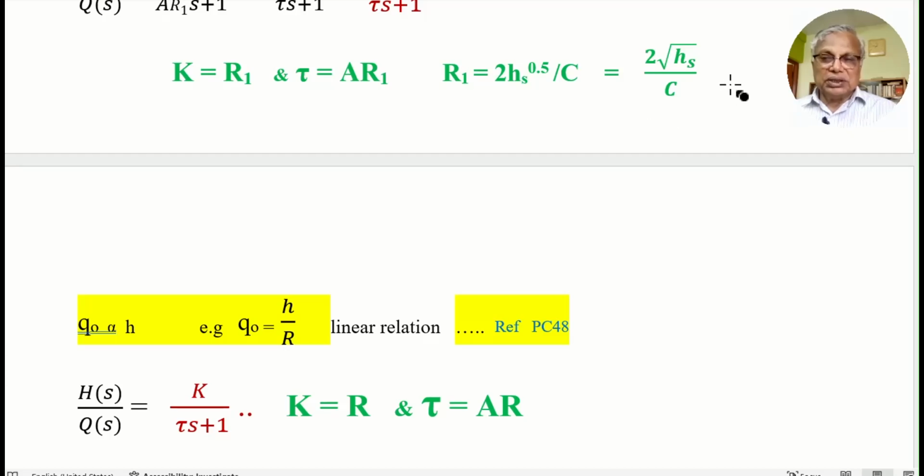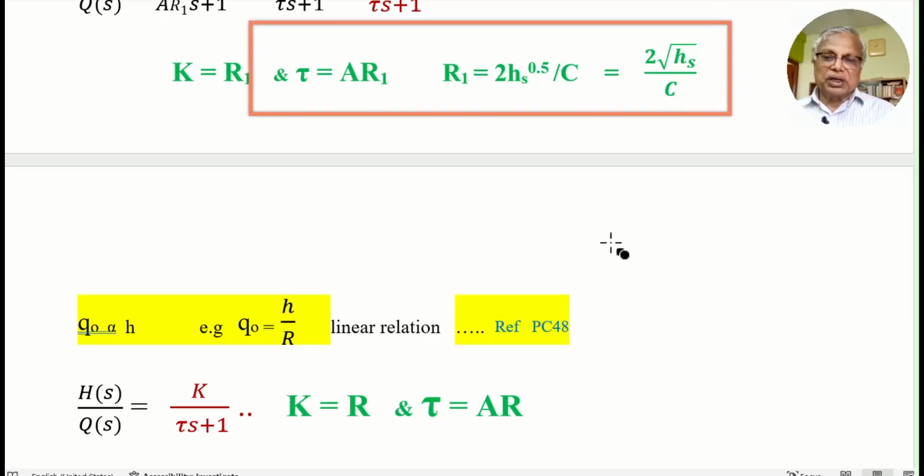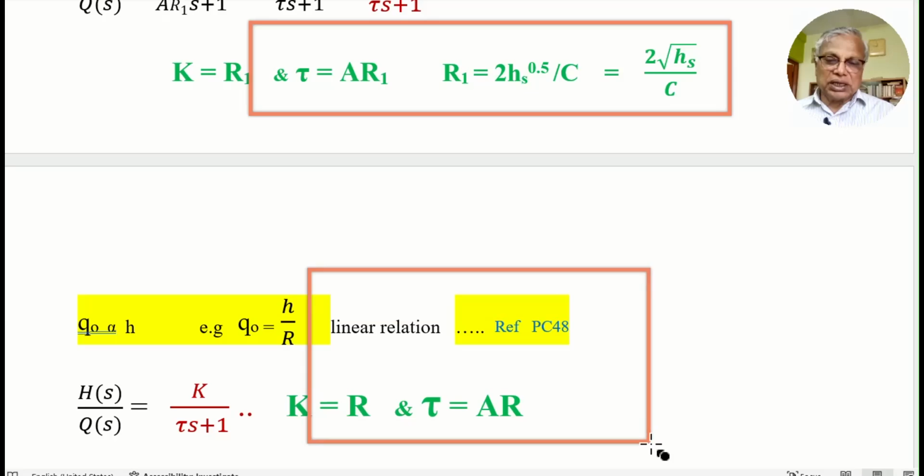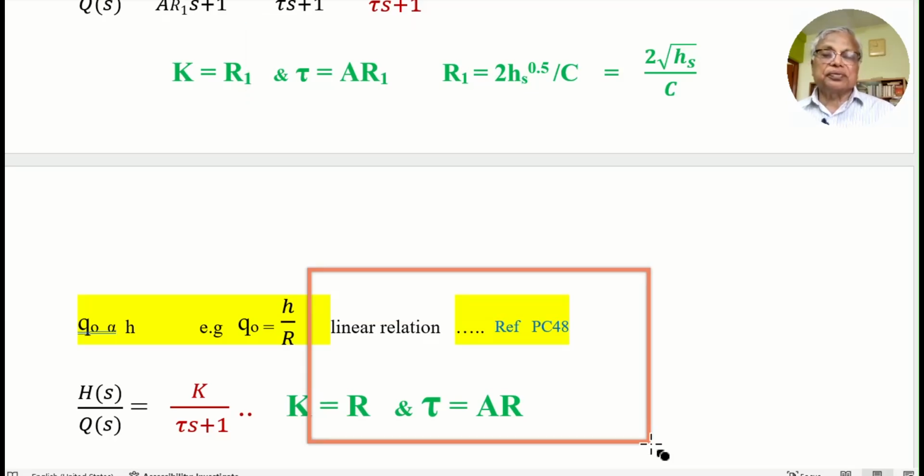But for a given tank, Hs can vary depending on the operating conditions, because if the inlet flow rate Q or Q naught has a different flow rate at steady state, Hs can vary. So here the time constant is not fixed for a given tank. Similarly, the gain and time constant are not fixed for a given tank in this case, unlike where the relationship is linear.